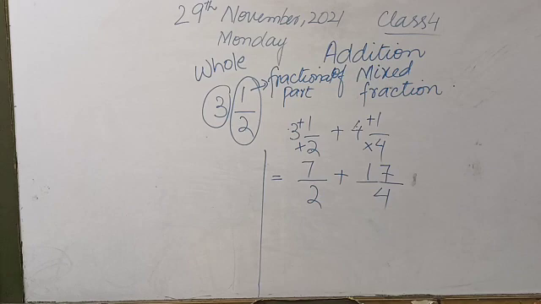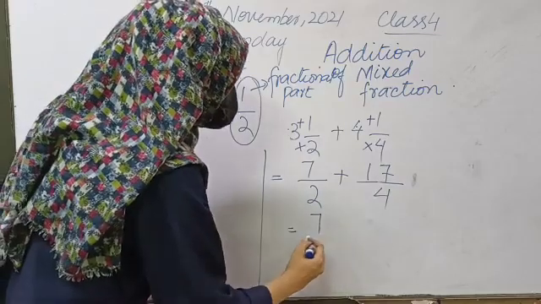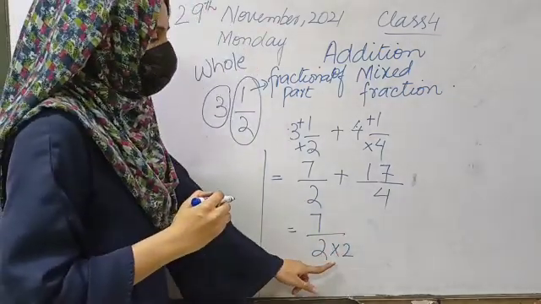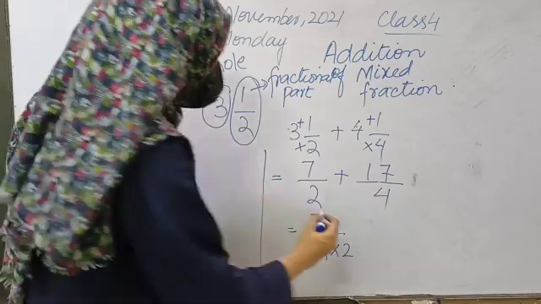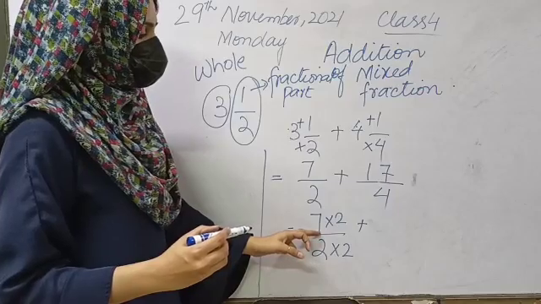So I will make 2 to 4 by multiplying by 2. मैं क्या करूँगी? मैं मल्टीप्लाई करूँगी डिनोमिनेटर में 2 के साथ और वो क्या बन जाएगा 4. ठीक है, now I will multiply by 2. The same number I will multiply in numerator.